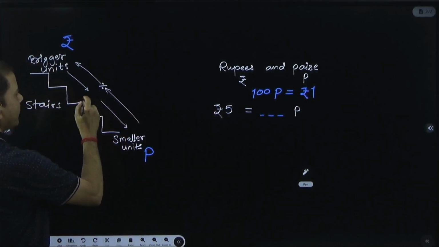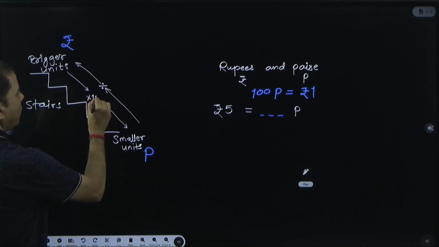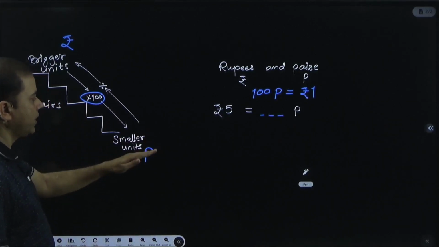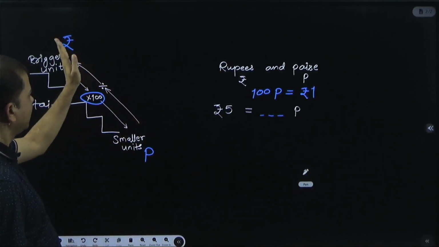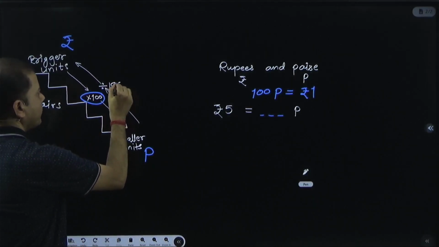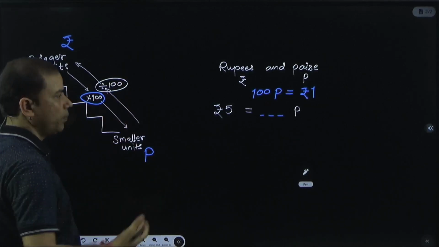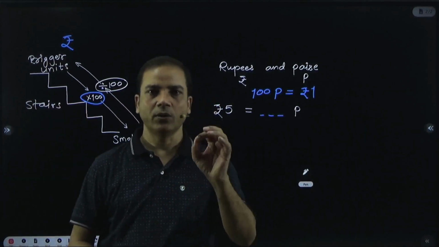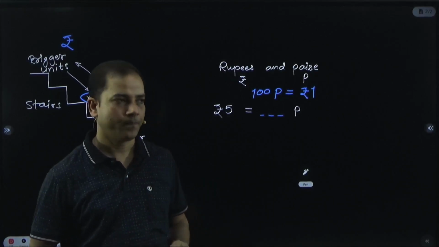You multiply by 100. And similarly, if you change paise to rupees, you will divide. Divide by what? Again 100. The number is same. The operation is different, multiply or divide, but the number is same.